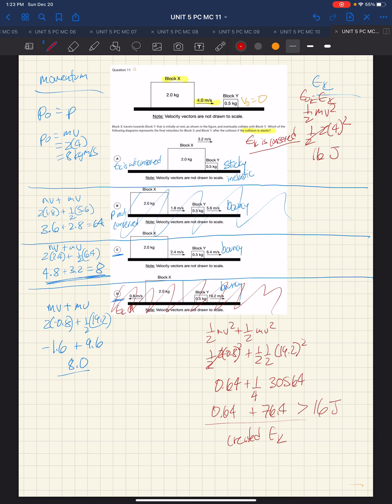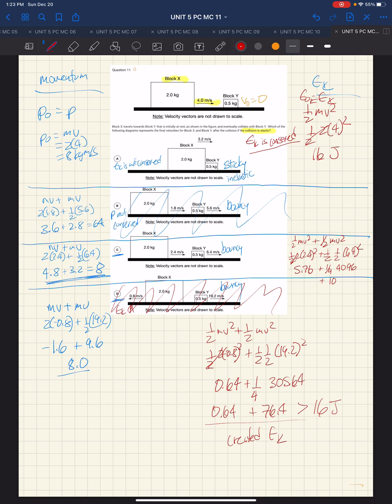And if we try choice C, we have 1/2 mv squared plus 1/2 mv squared. So that's 1/2 times 2 times 2.4 squared plus 1/2 of 1/2 times 6.4 squared. 2.4 squared is 5.76, and that gives us 1/4 of 40.96.